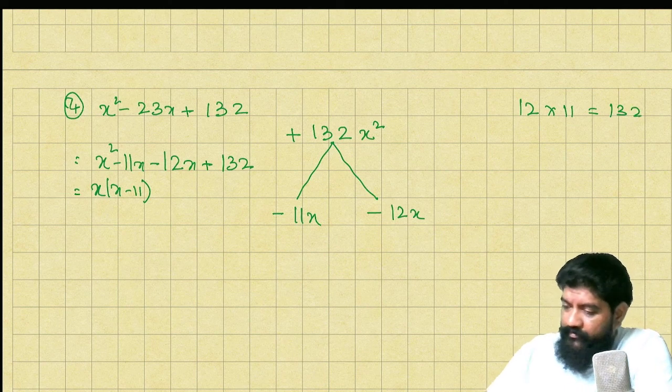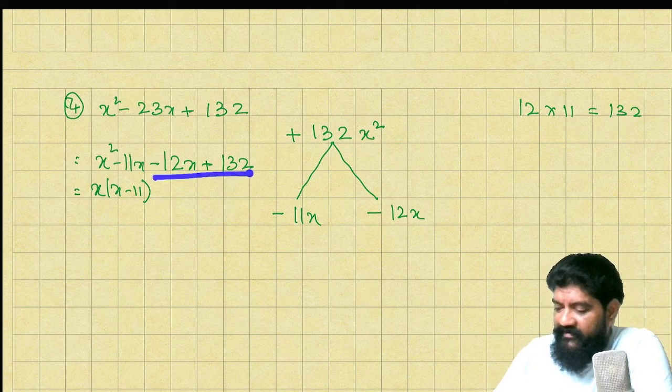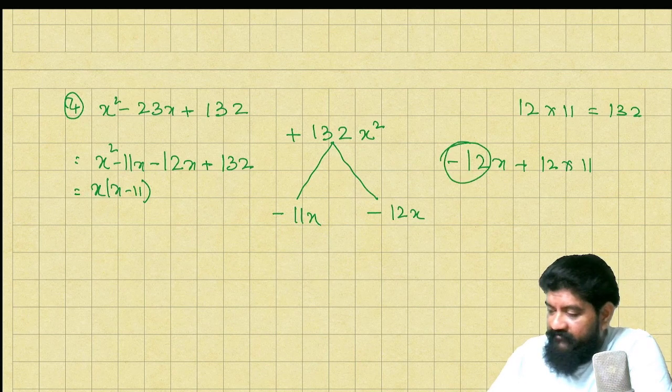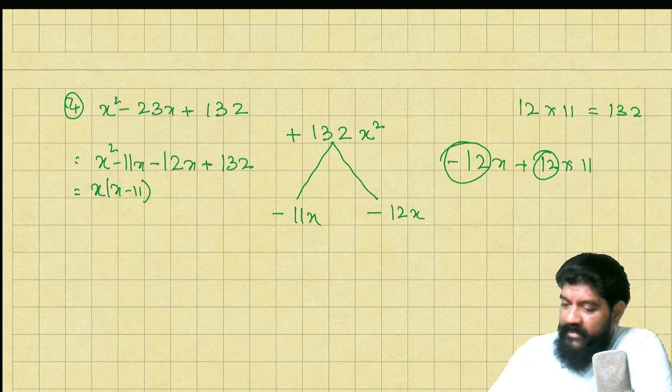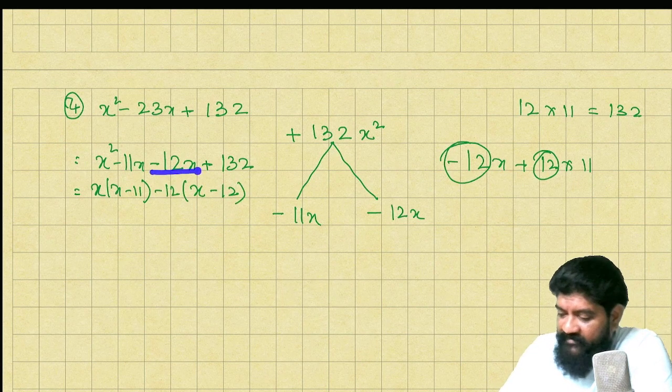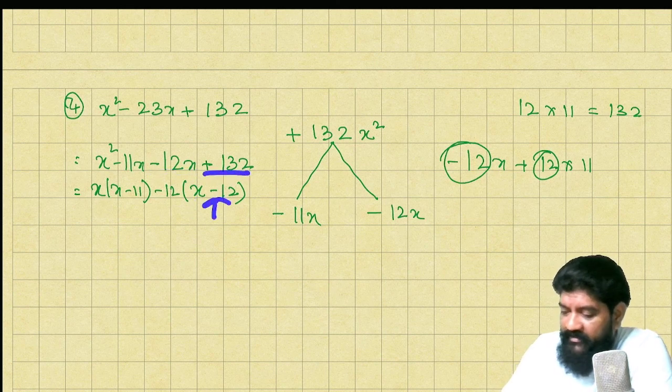So the second, third and fourth terms can be written as minus 12x plus 12 into 11, and you see I'm going to take a negative 12 common out, and therefore I'm going to have x minus 12. This negative term becomes a positive term, and this positive term becomes a negative term.